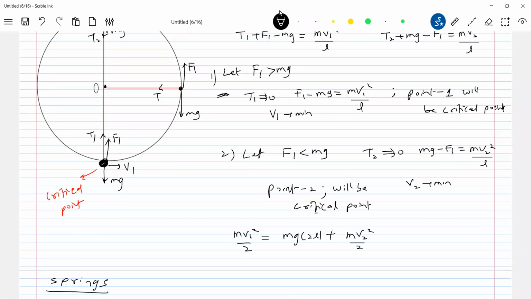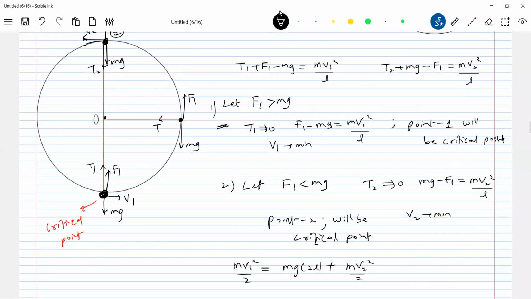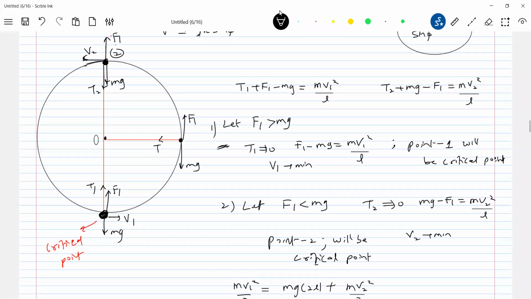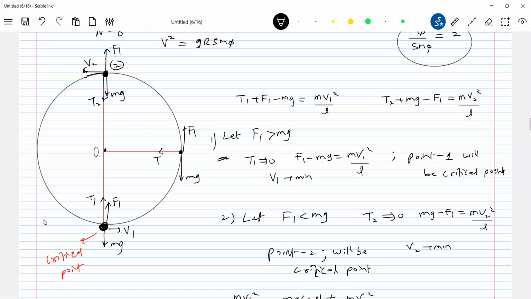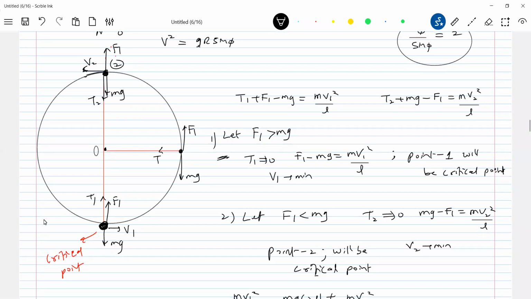Substitute v2 here and solve for v1. You'll get v1 in terms of F1, the minimum velocity you should project. I think everyone is able to understand what is meant by critical velocity here.